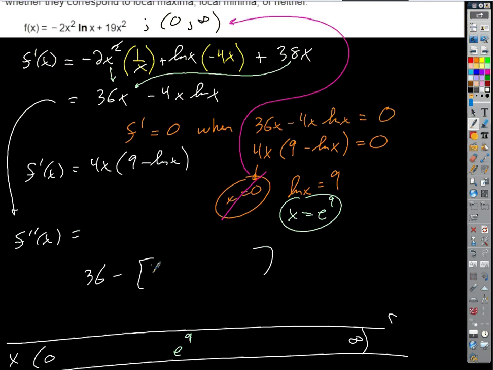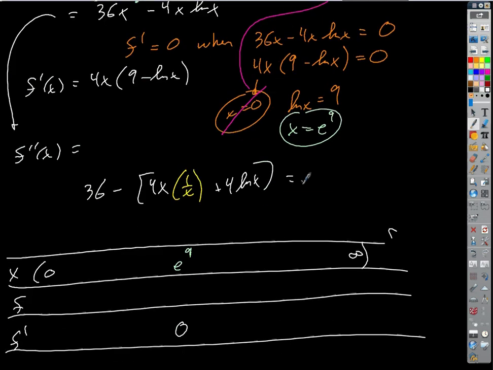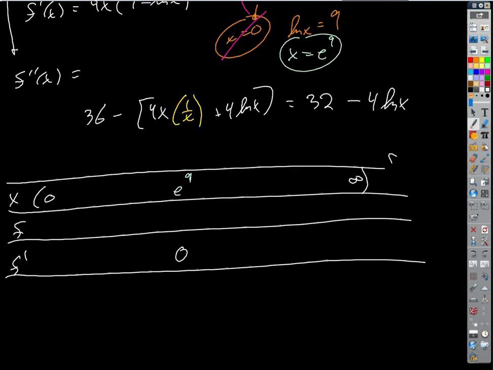So I'm going to get 4x times the derivative of log x, which is 1 over x, plus log x times 4, right? And that's going to give me 36 minus 4 is 32 minus 4 log x.